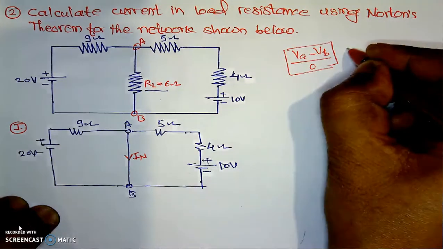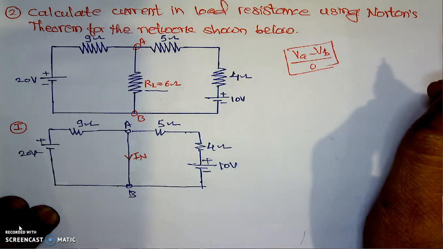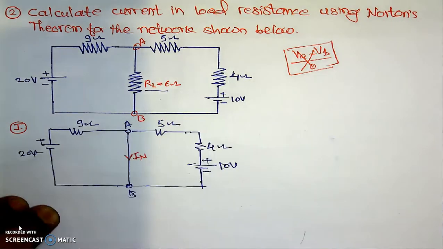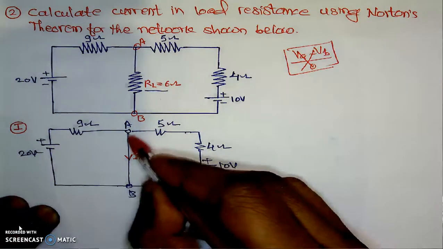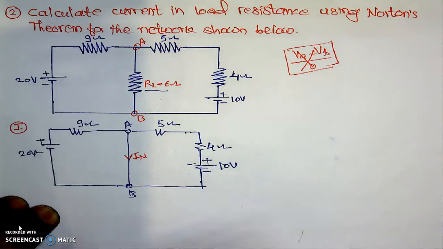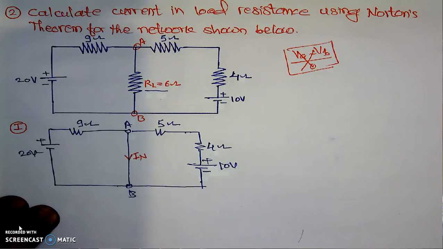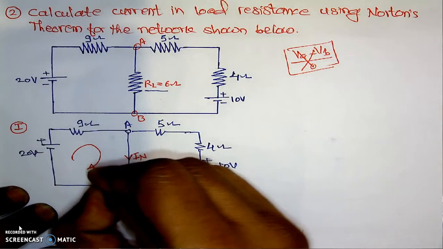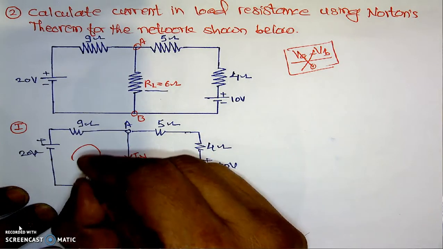That's why the current comes out infinite. So we should not use the nodal analysis method whenever any branch has zero resistance. Here we have to use KVL, the direct inspection method, or the mesh analysis method. I will use the direct inspection method here.